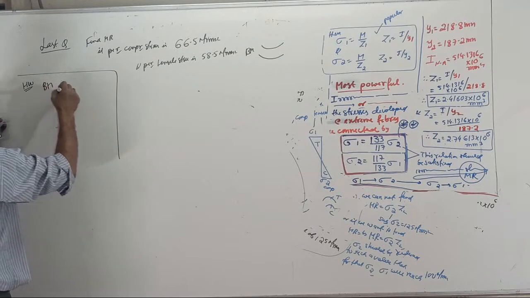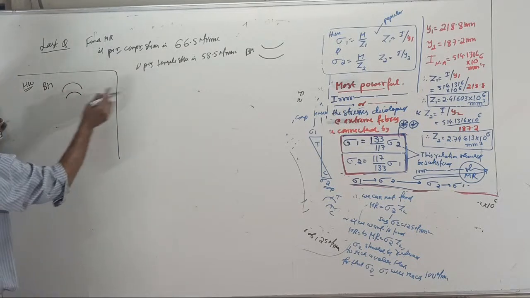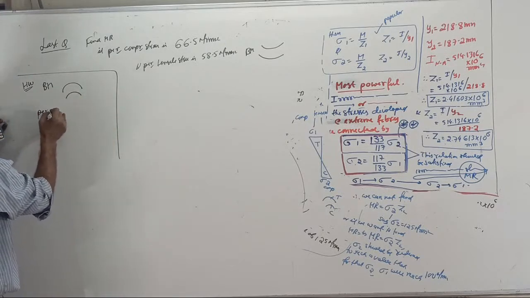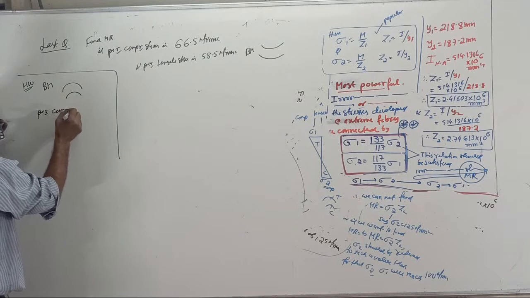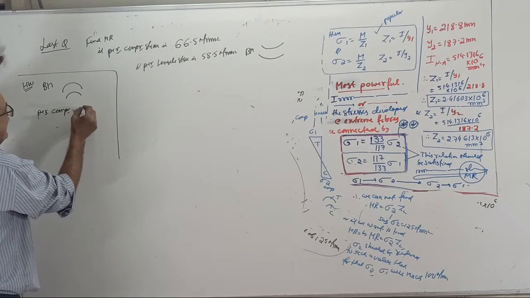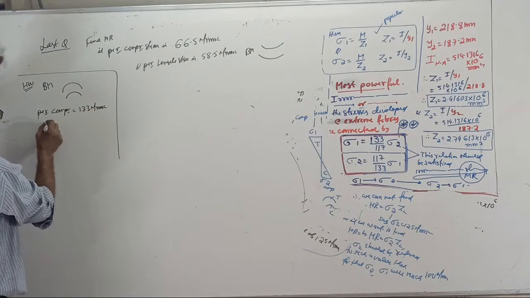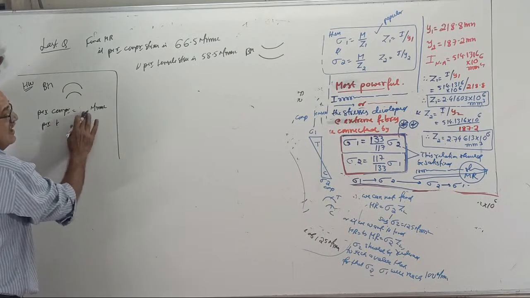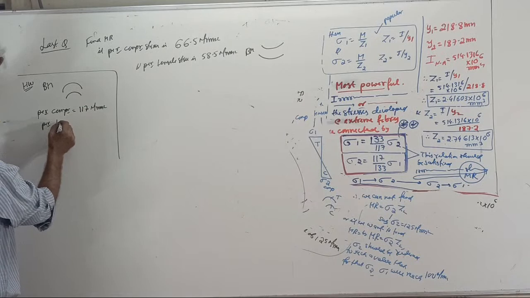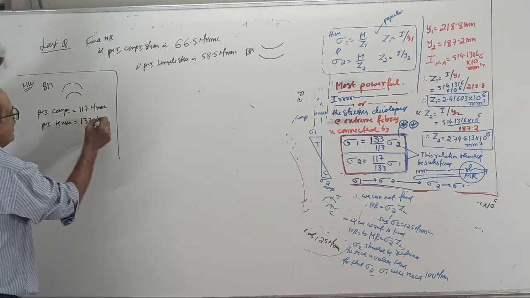Bending moment is hogging. New question. I will solve this question. These both are same special question. Hogging. Permissible compression is 117 Newton per mm square and permissible tension is 133 Newton per mm square.